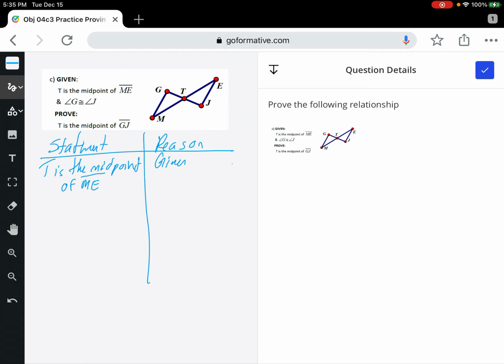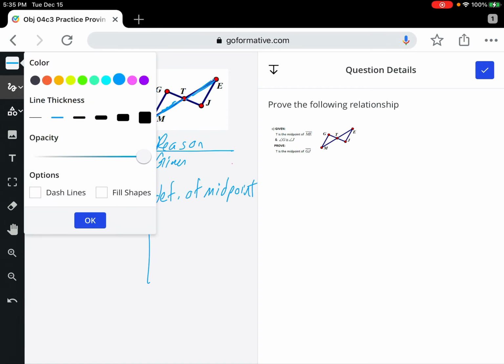I really can't do much beyond that. I can't write any congruence, but if I know that T is the midpoint of ME, then I know MT must be congruent to TE, because of the definition of midpoint.